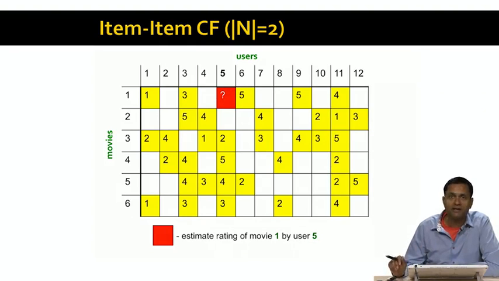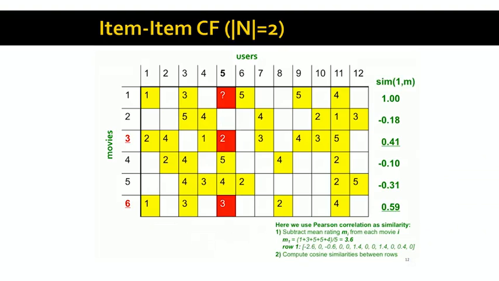Remember, the first step is to take movie 1 and find other movies that are similar to movie 1. We're going to use Pearson correlation as our similarity, which is the same as the centered cosine distance that we computed. So we're going to take every other movie and compute its centered cosine distance from movie 1.